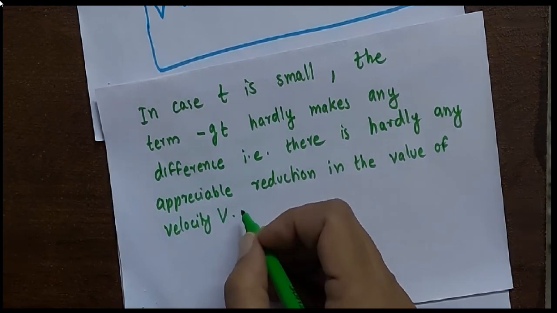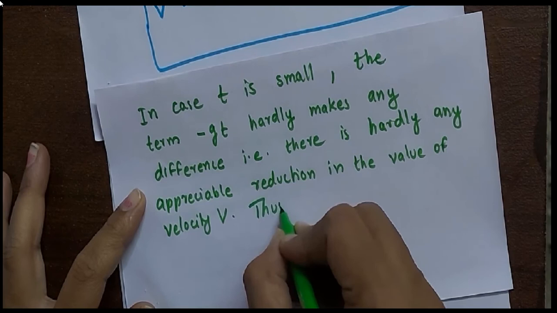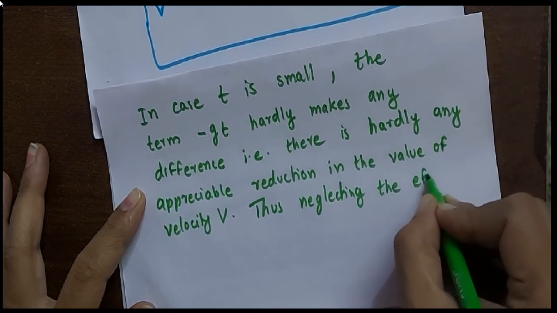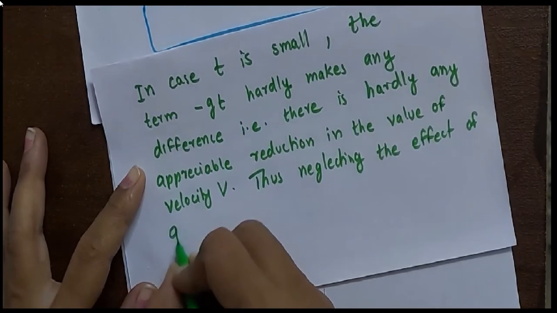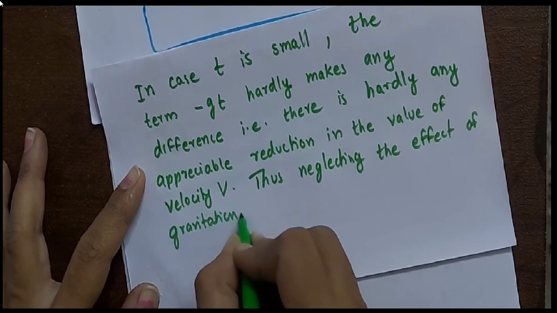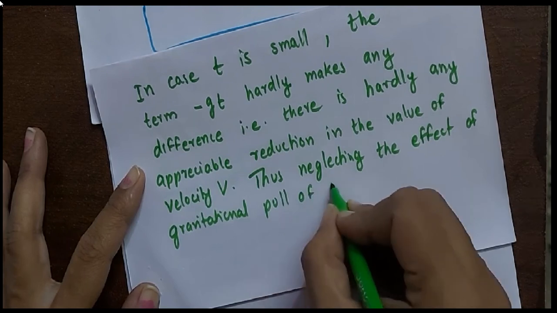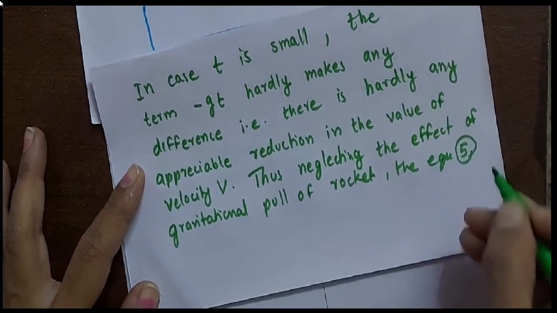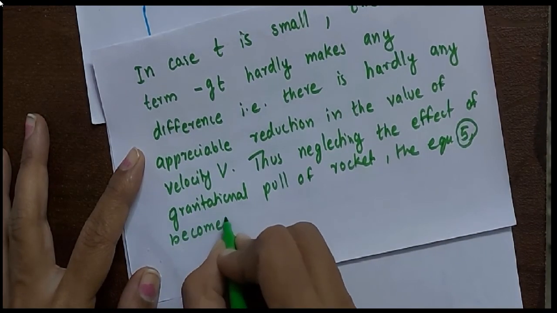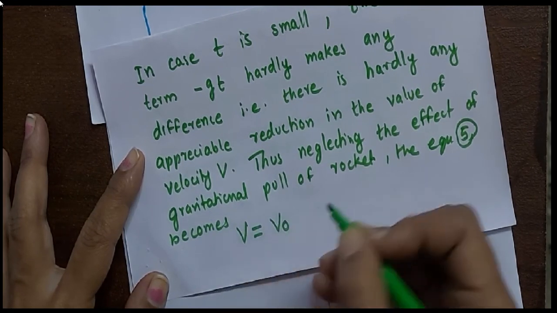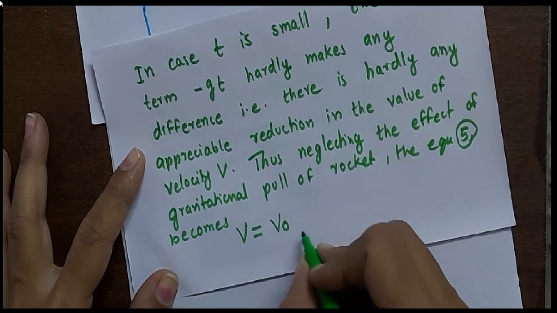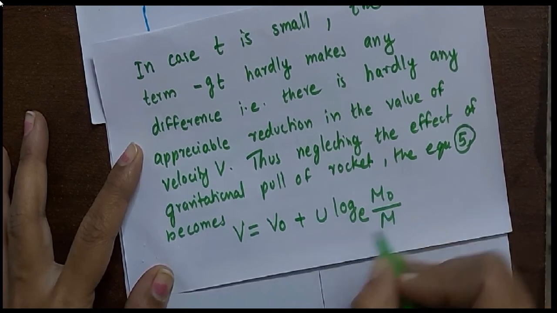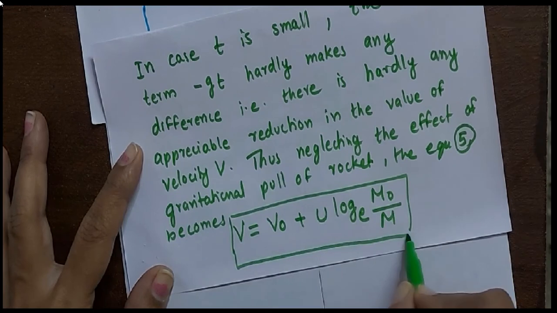Thus we can neglect the term minus gt. Thus, neglecting the effect of the gravitational pull on the rocket, equation 5 becomes v is equal to v0 plus u log to the base e M0 upon M. This is the final velocity of the rocket. Thank you.